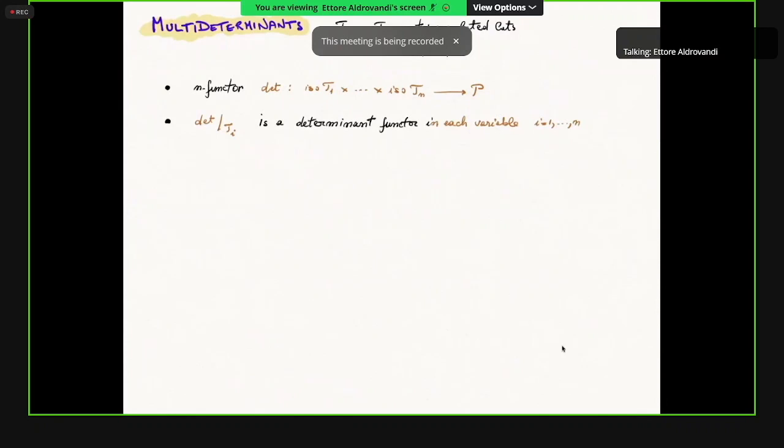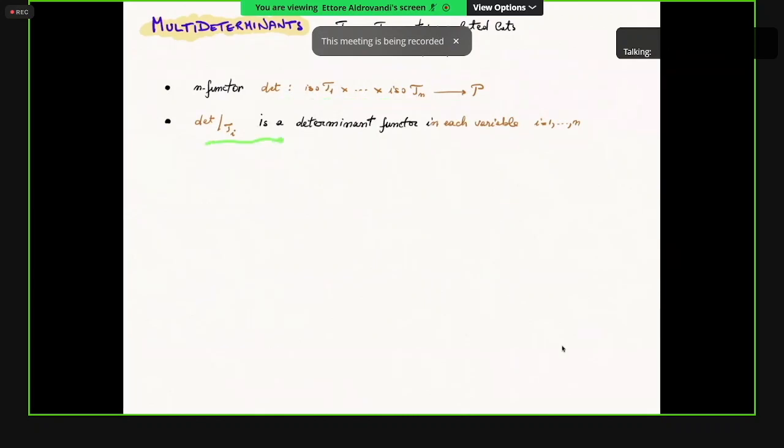So the first thing is, one goes ahead and tries to invent an appropriate notion of what should be a kind of multilinear determinant. In the first place, of course, what we want is an n-exact functor.